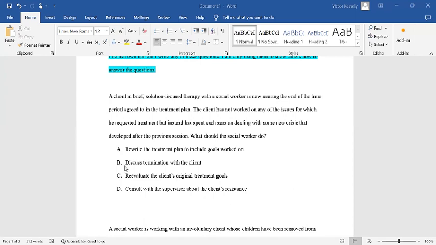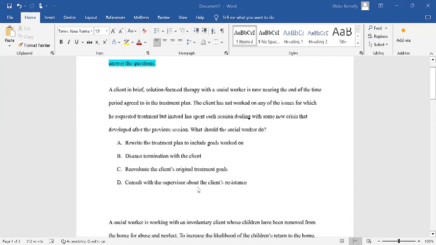B is jumping the gun. You're jumping way ahead, so I'll consider that intervening. C, reevaluate the client's original treatment goals. That's a possibility. And D, consult with the supervisor about the client's resistance. You could do that, but that's not necessary at this point.